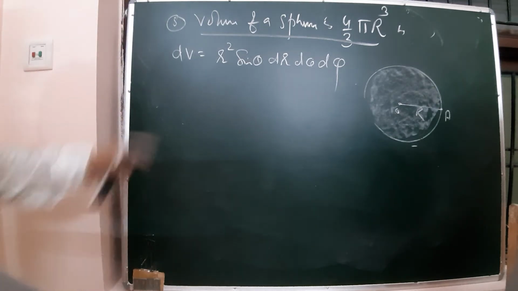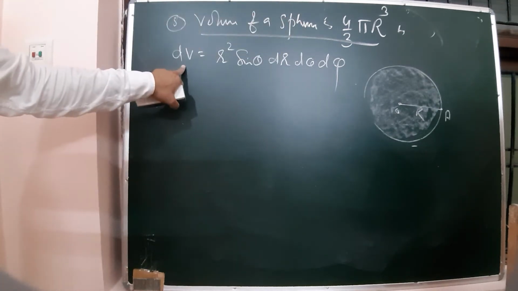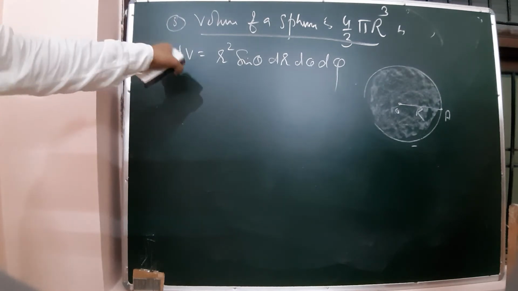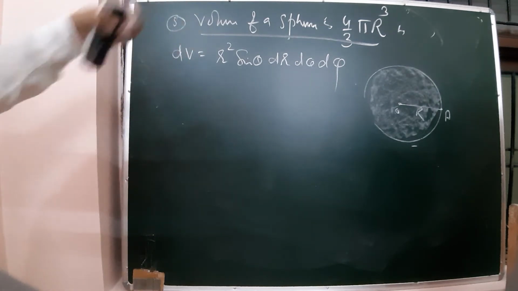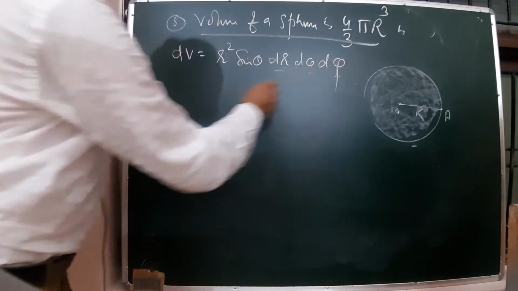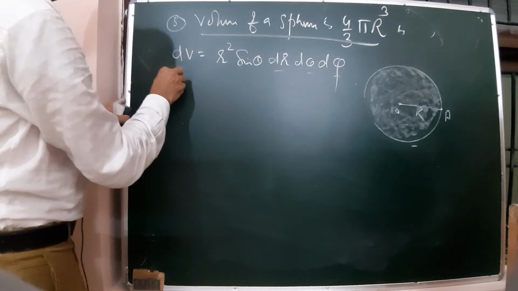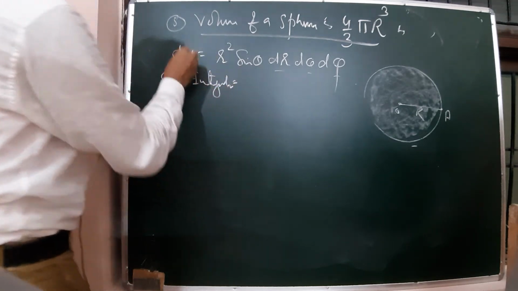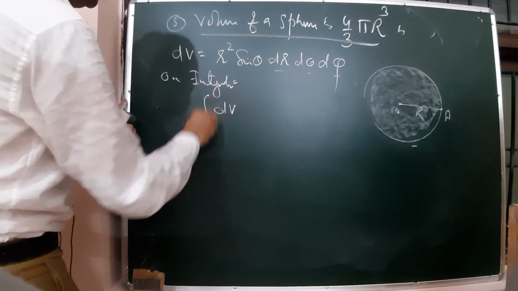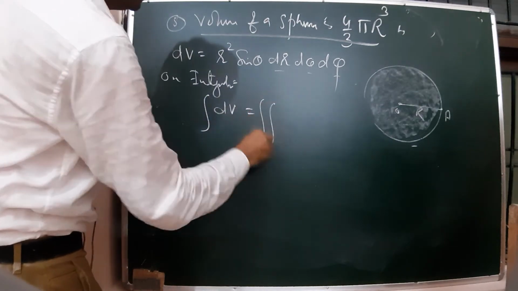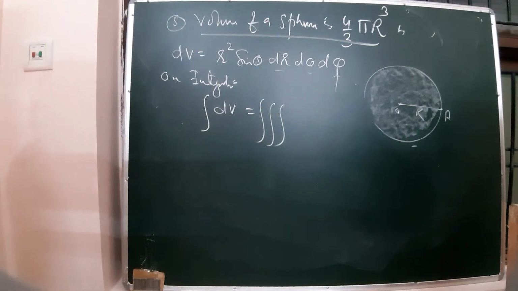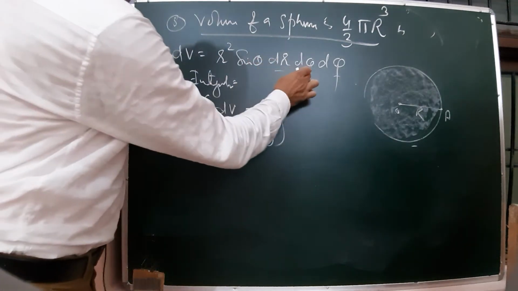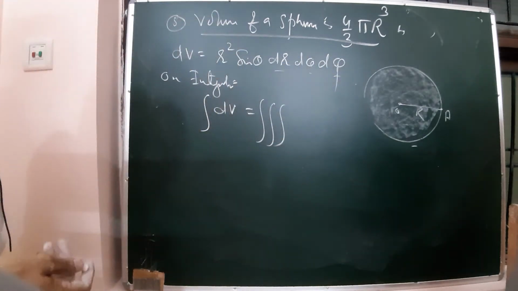Now, to get the total volume of the sphere, I will integrate this equation on both sides with 3 variables. So, on integration on both sides, we will get integral dV, and on the right hand side there is a triple integral, because there are 3 variables dr, d theta and d phi.